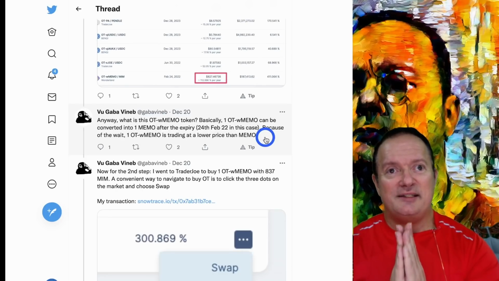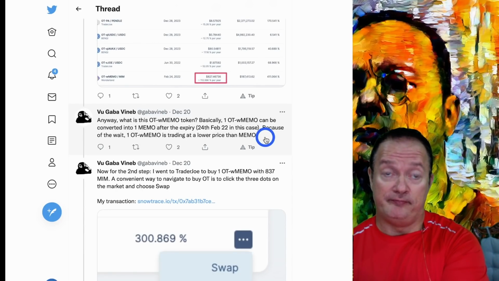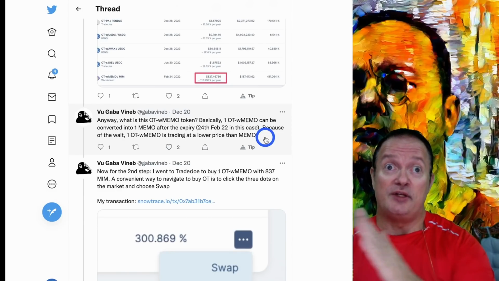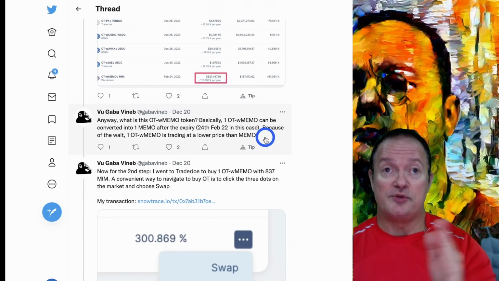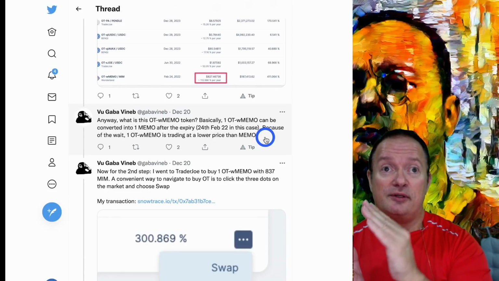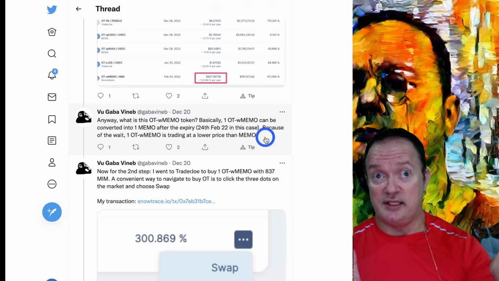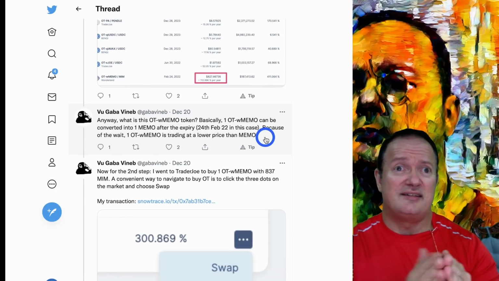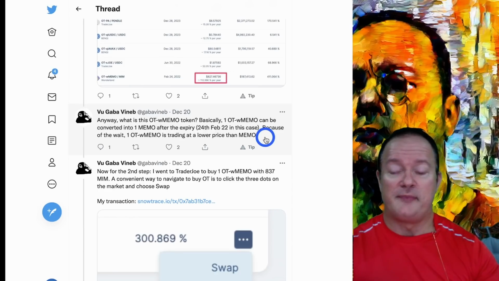So basically, the rate was better because you bought it earlier, because you have to wait longer in order to get one full wMEMO. So the rates I'm expecting are going to get lower and lower as we approach the expiry date, because essentially it's gaining value by the day, right?